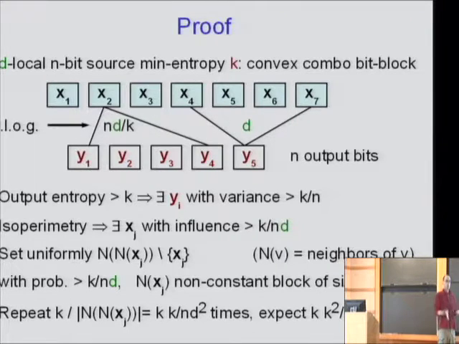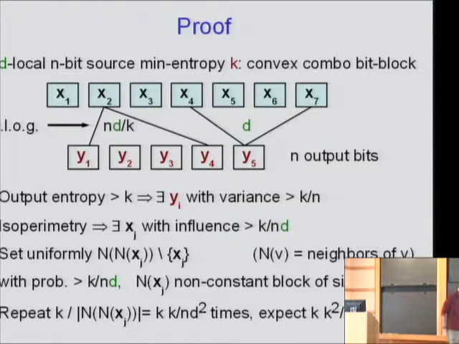This is my block from the bit block source. The neighborhood of this guy here is non-constant, because at least this bit is non-constant, and it has small size by this bound here. Since I fixed the neighborhood of the neighborhood, I'm also allowed to repeat this argument, and I'm going to iteratively find new blocks.